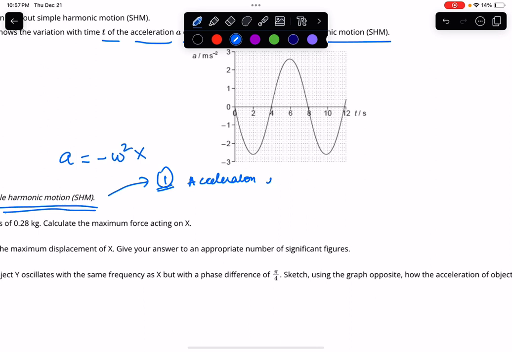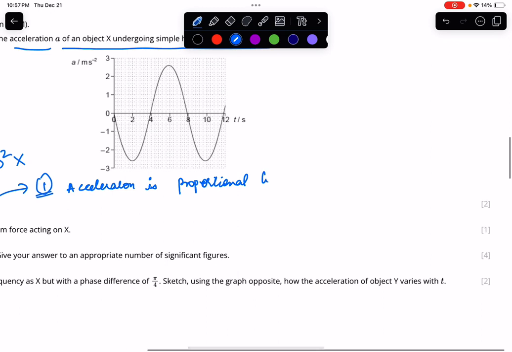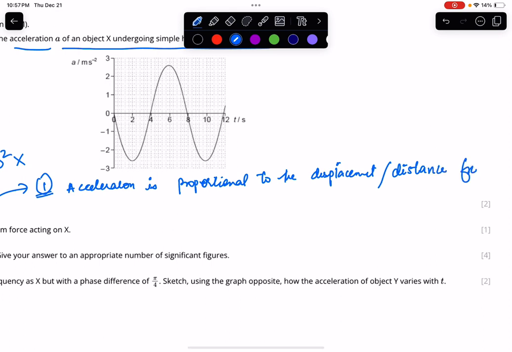The acceleration is proportional, and in this case, proportional to the displacement / distance from the equilibrium / mean position.